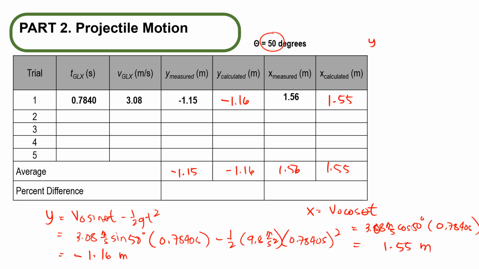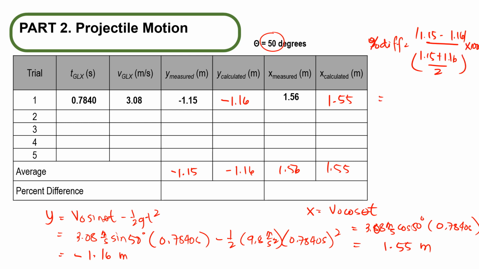The percent difference is equal to the difference between the y measured and y calculated, so that is negative 1.15 minus 1.16. You can use negative or positive. And then over the average, so 1.15 plus 1.16 over 2, and then this is to be multiplied by 100.